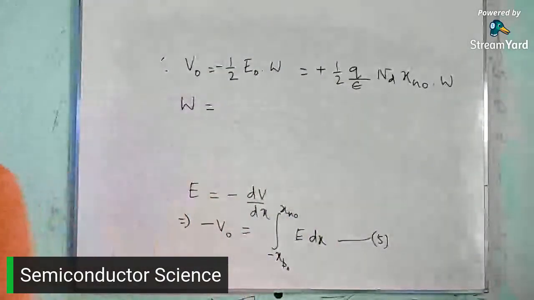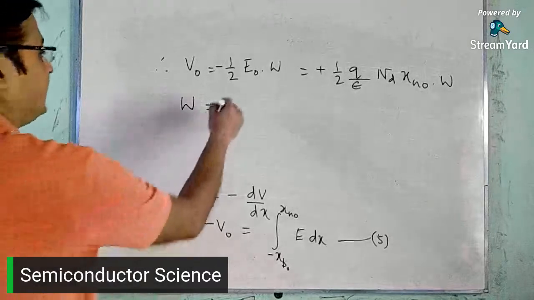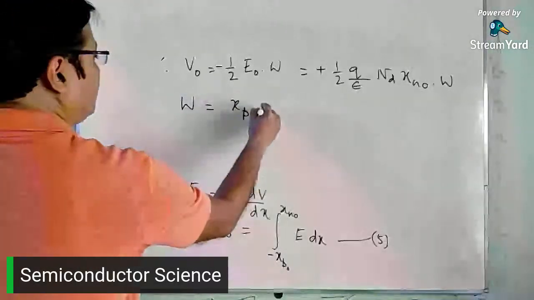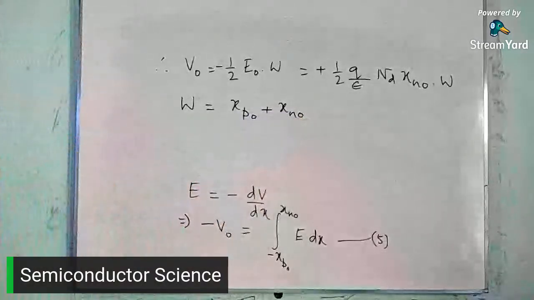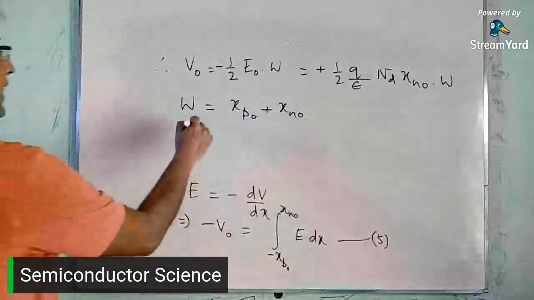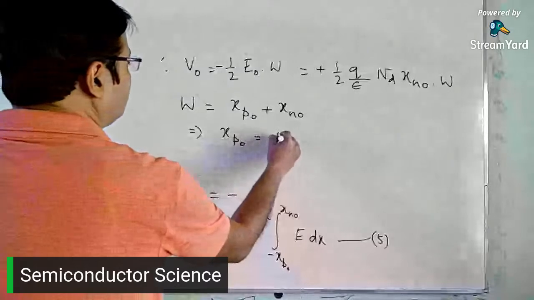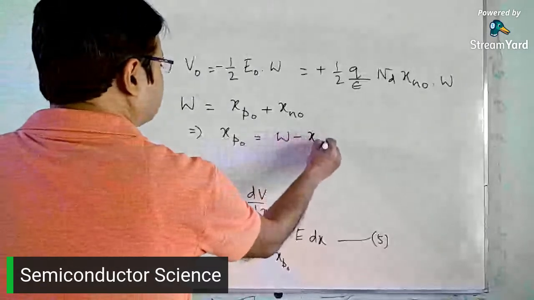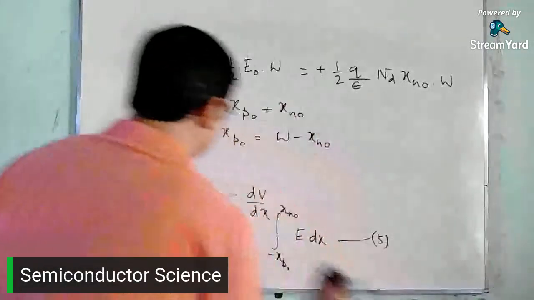As we know that W is equal to the summation of xp0 and xn0, that is xp0 plus xn0 gives us the value of the total width W, or xp0 is equal to W minus xn0.